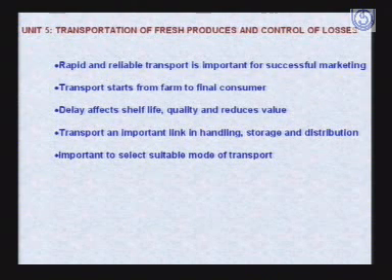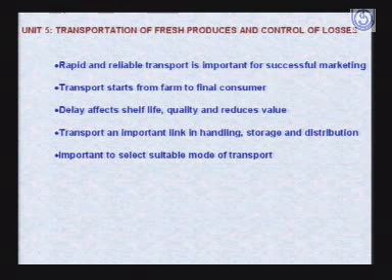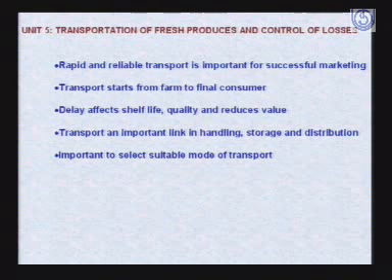Now this aspect, the fifth or last unit, is transportation of fresh produce and how we can control the losses. Rapid, reliable transport is very, very important for successful marketing. Transportation starts immediately from the field and it ends when it reaches the consumer's hand.